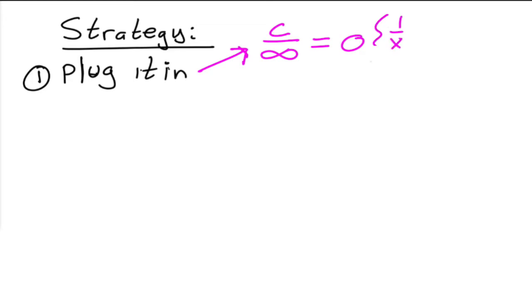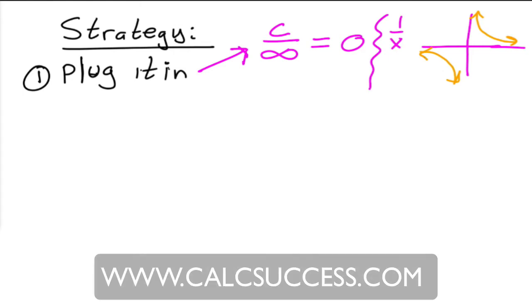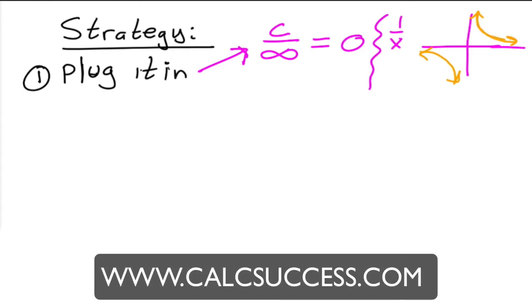The limit as x goes to infinity of this guy is equal to 0, right? Because it's got a horizontal asymptote there. As x gets bigger and bigger, you're dividing 1 by a bigger and bigger number, so this guy is going to go towards 0.